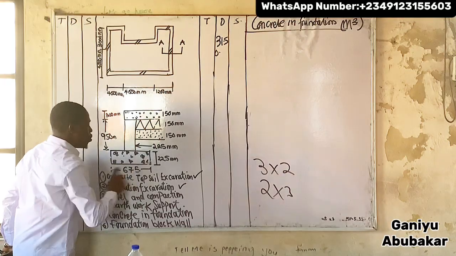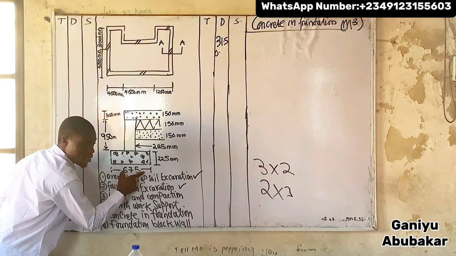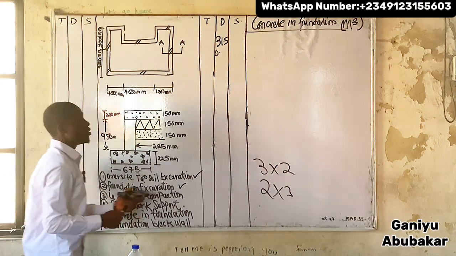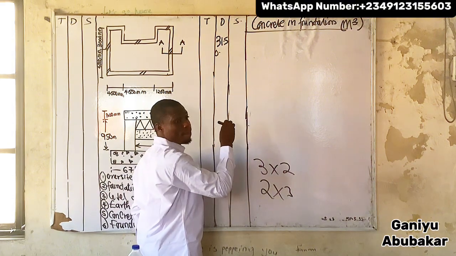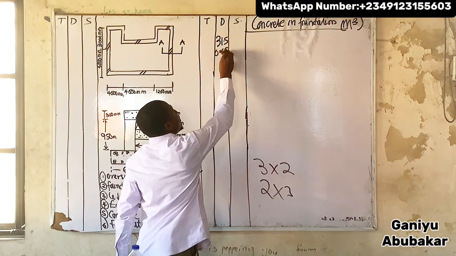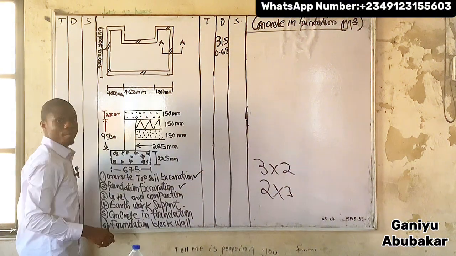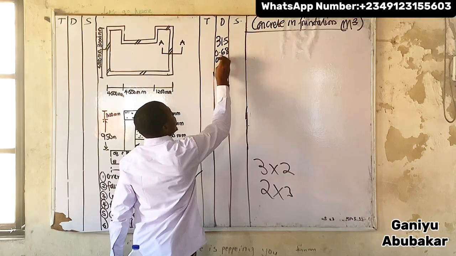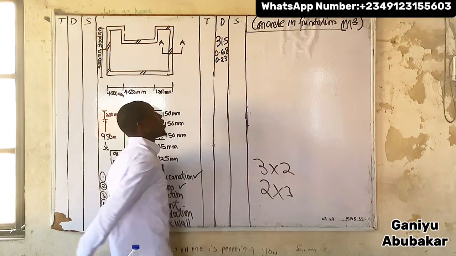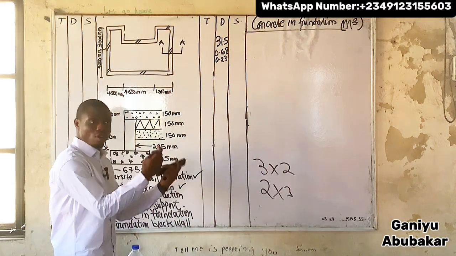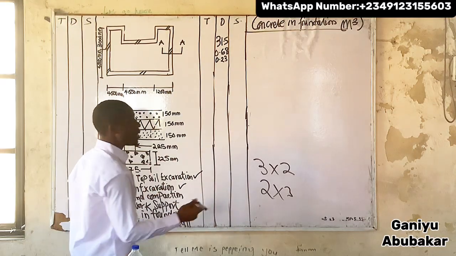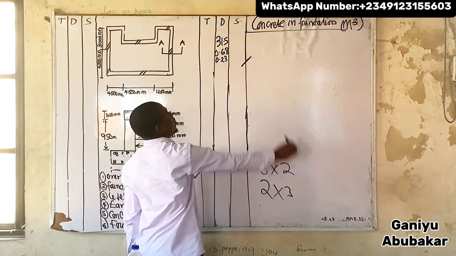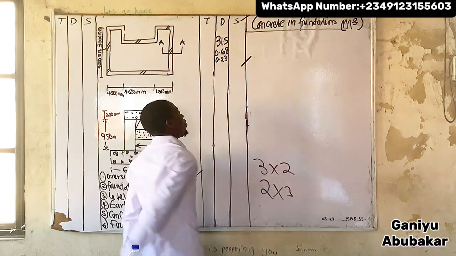This one is the B. What's the value here? 0.23, please. All right, I'm done with concrete in foundation. That's all.